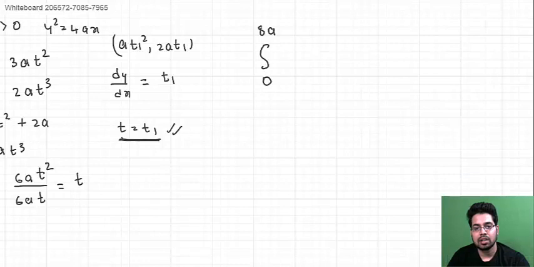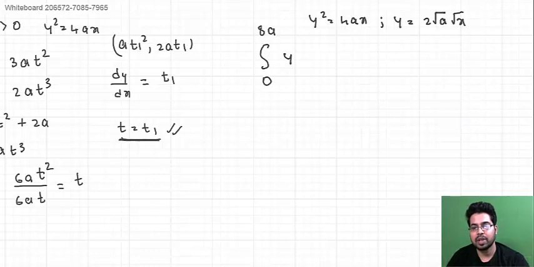Integration of y, where y square is equal to 4ax. So we are going to take only the positive value, y equals 2 root a root x. Why we are taking only the positive value, that also I will explain.